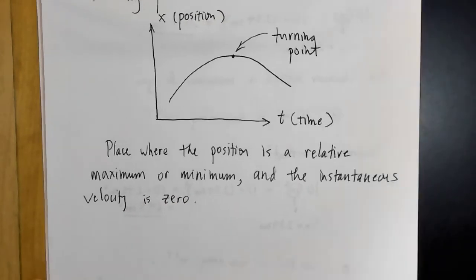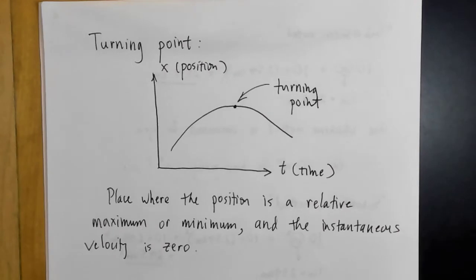Okay, so that's the notion of a turning point, where the position is a relative maximum or minimum, and the instantaneous velocity is 0. It's where you basically turn around.